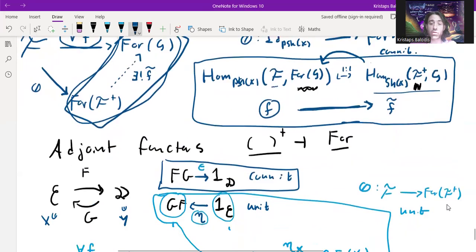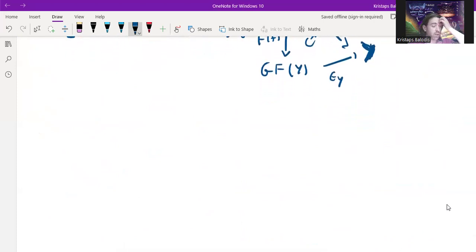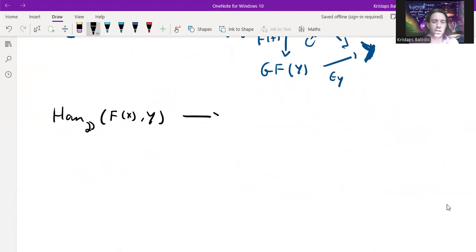So in general, the unit and co-unit, another equivalent way to package up the definition of an adjunction is by saying that there's a homomorphism, this is in the category D, Hom(FX, Y), and this is in the category C, Hom(X, GY), that there's a bijection here.